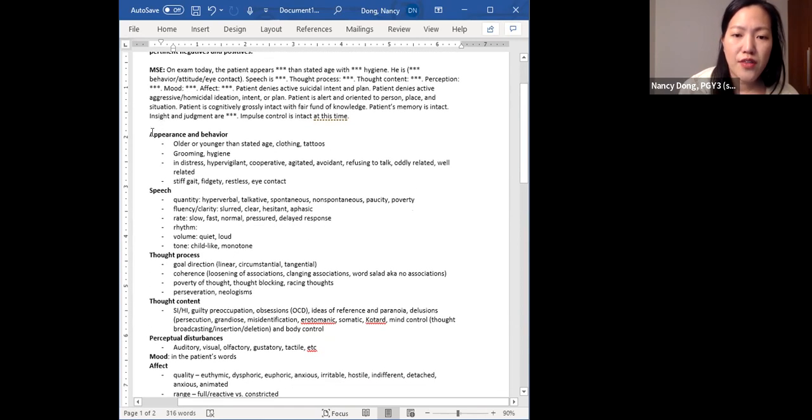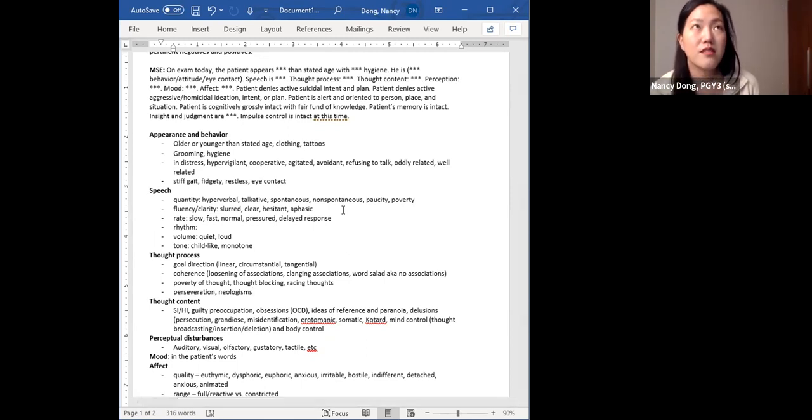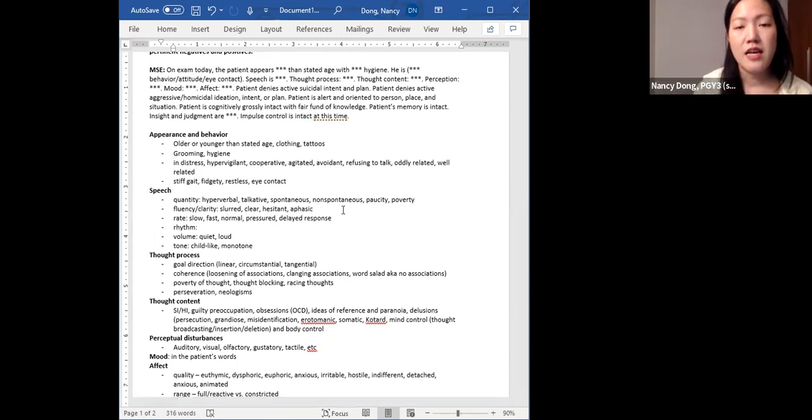At the beginning of your mental status exam, you want to look at appearance and behavior. This can help you say something about their functionality, like the severity of their sickness, how old or how young they look, what they're wearing, are they disheveled, do they have a lot of tattoos, are there scars, focusing on grooming and hygiene to tell if they are taking care of themselves.